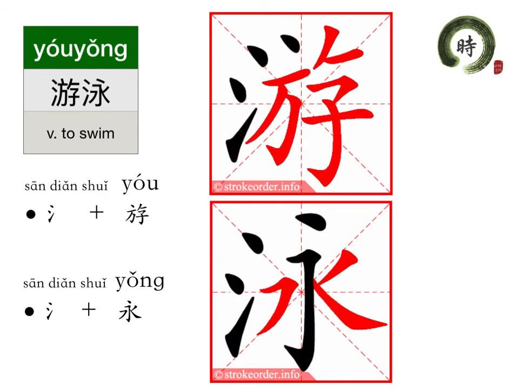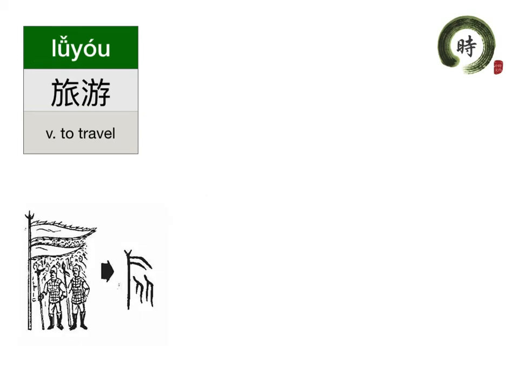Please watch the stroke order and write these new words down. 游泳. And speaking of 游, here is another new word for you. This is 旅游. It means to travel.